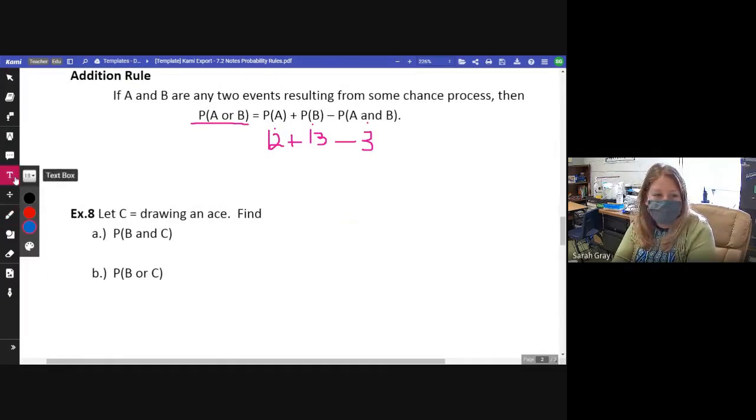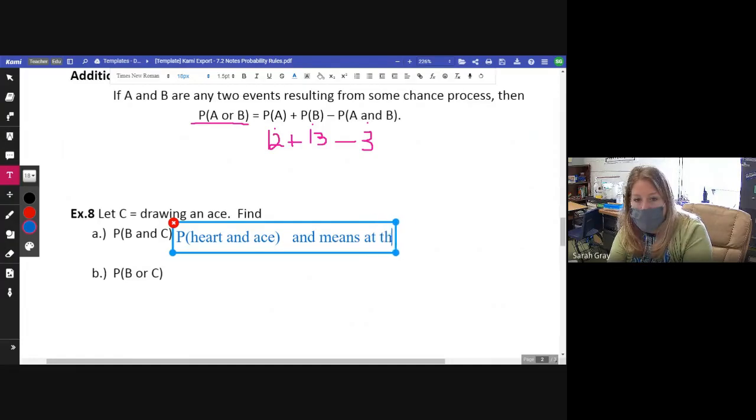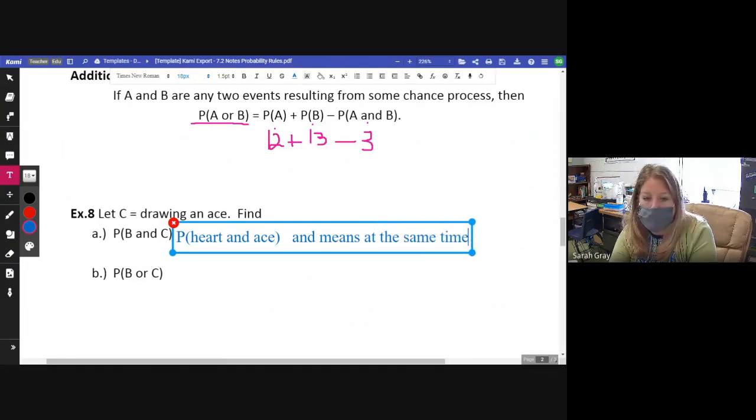Okay, we're gonna add a new event, which is C, and that's drawing an ace. So we're doing P of a heart and an ace. And remember when the "and" means at the same time.